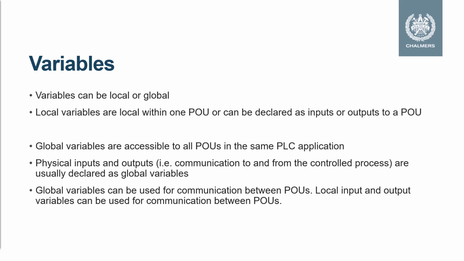In some PLC systems, the physical inputs and outputs need to be global variables, and I will also use them like that in those films, even though Codesys allows me to have local variables as physical inputs and outputs as well. The global variables can also be used for communication between POUs, but I can also define inputs and outputs for my local variables within my POUs, and they can be used for communication between the POUs as well.